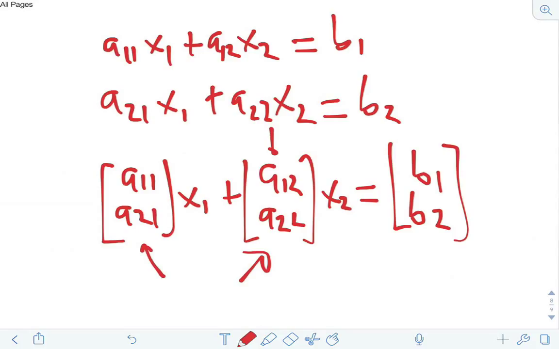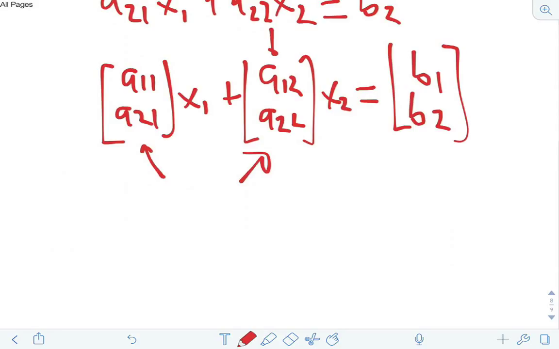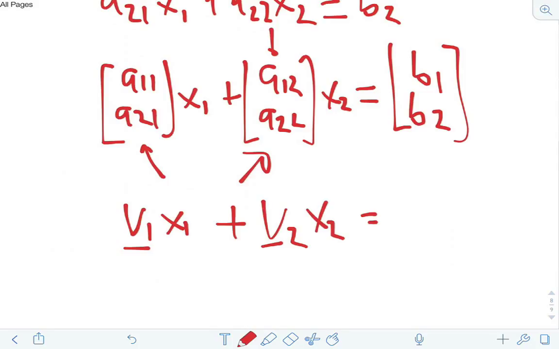Remember, x1 and x2 are the unknowns in this equation. And so really what we're writing this as is some vector v1, the first column vector of A, times x1, the unknown scalar, plus column vector of A v2 times x2, an unknown scalar, equals b. So I've rewritten the equation into this form.